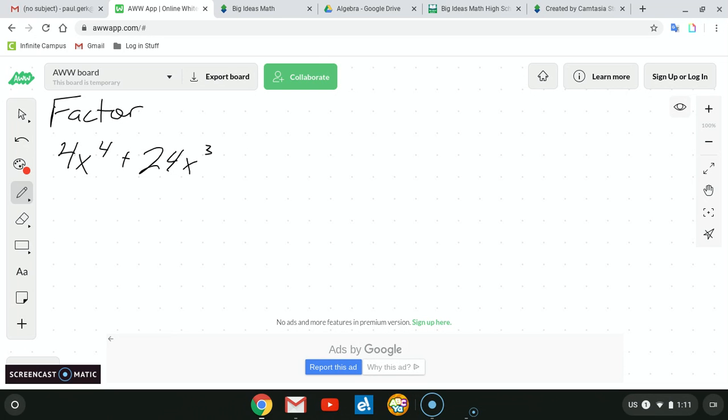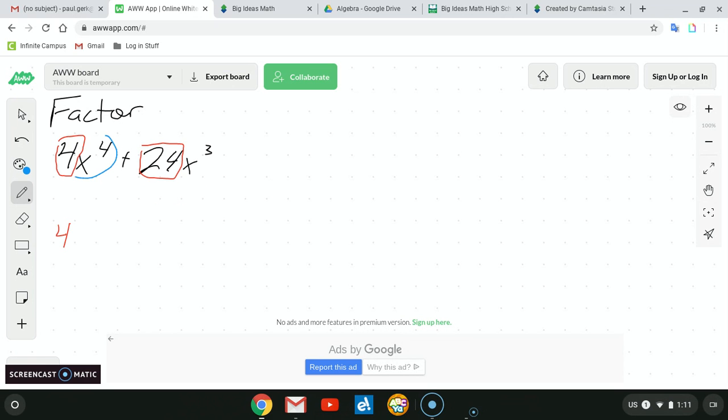So we need to find the GCF of our 4 and our 24. If you haven't got it figured out yet, remember we just do 4 divided by all the numbers we can divide 4 by, and then same with 24, and figure out which number is the biggest and what they have in common. So the GCF of these coefficients is 4.